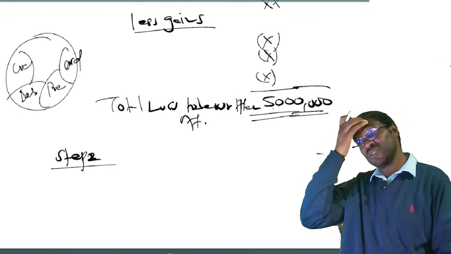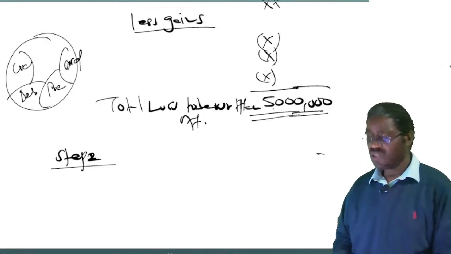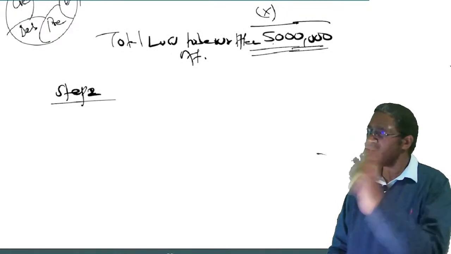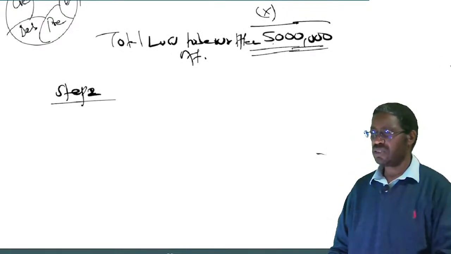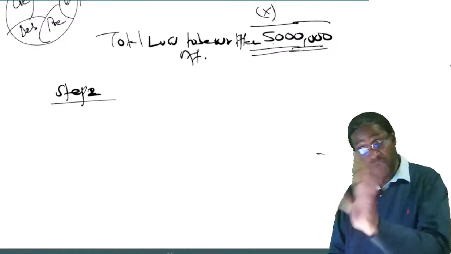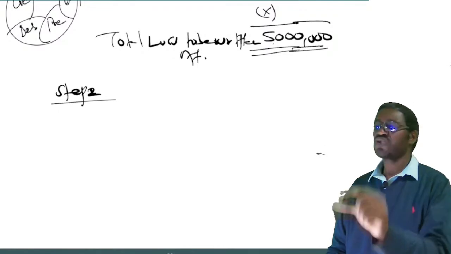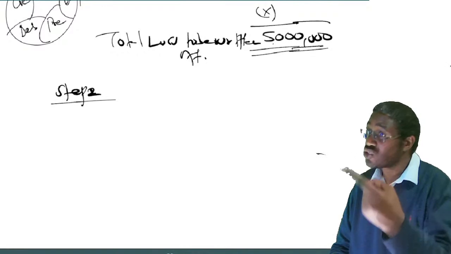Now, to know who is to suffer that loss, listen, there is no way you can tell somebody among them to suffer that loss in the process of the company reconstructing themselves.